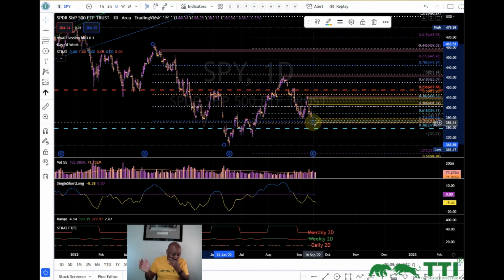So that's how I look at my charts, and then I make a decision based on what is the general direction. Everything pointing in the same direction is the best scenario, except for the hourly, right?